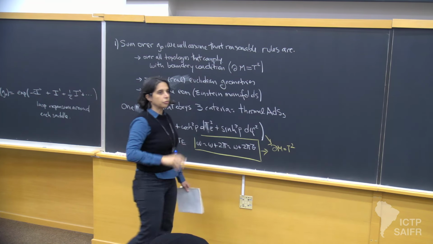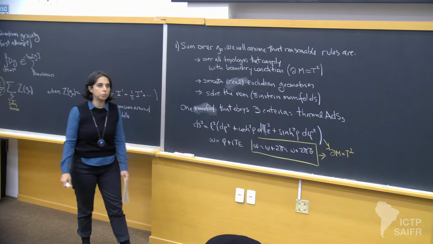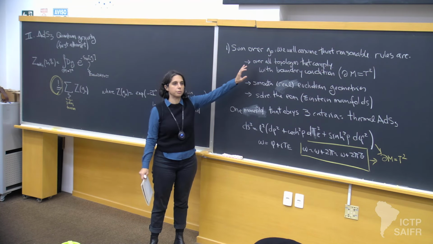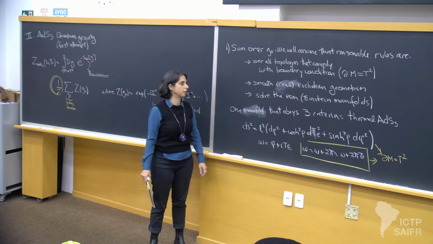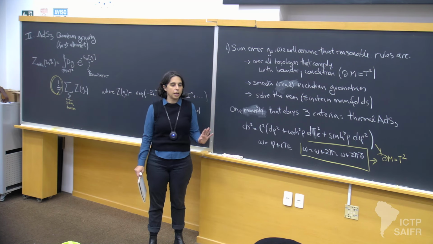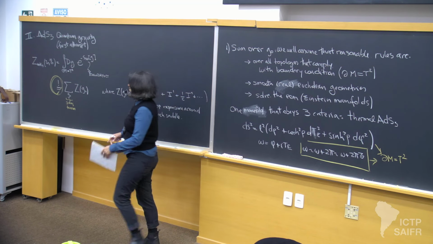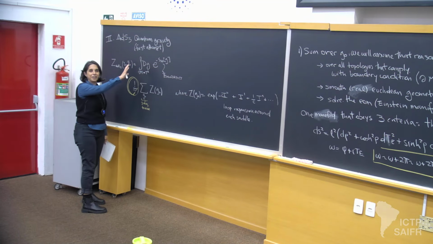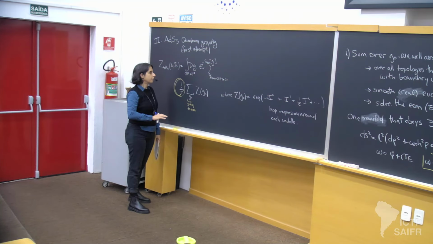I'm assuming that a reasonable set of rules is that I should consider all possible topologies, things that are smooth, and things that solve the equations of motion. As you all know, path integrals are very subtle things.